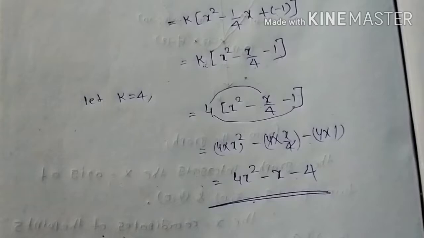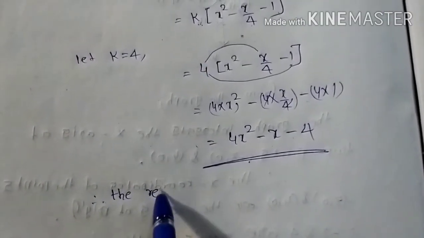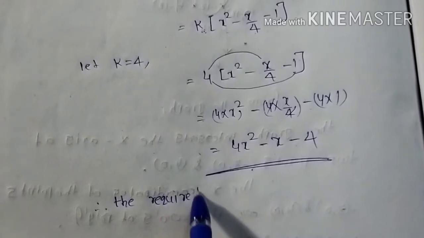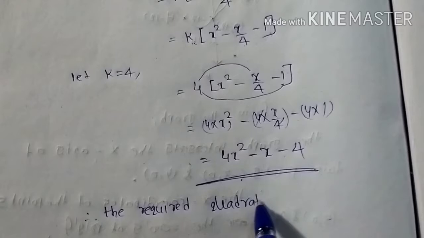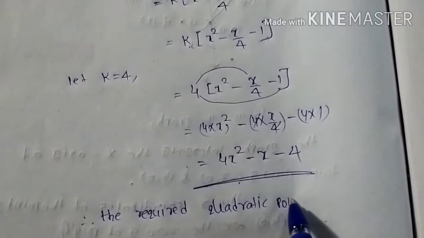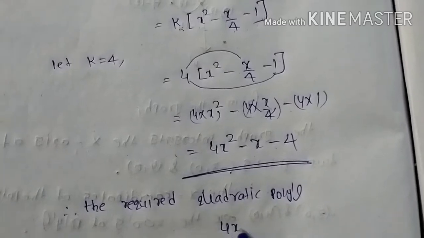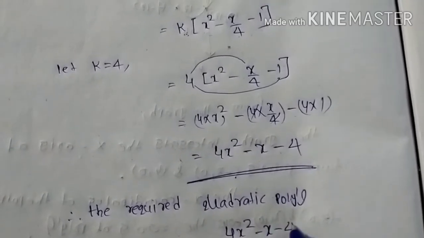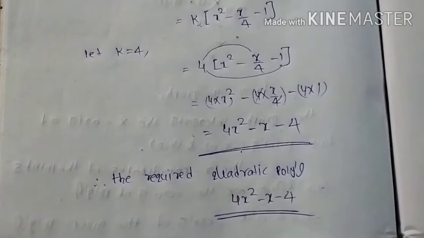You can write here: therefore, the required quadratic polynomial is 4x square minus x minus 4. Very easy solution. That is all.